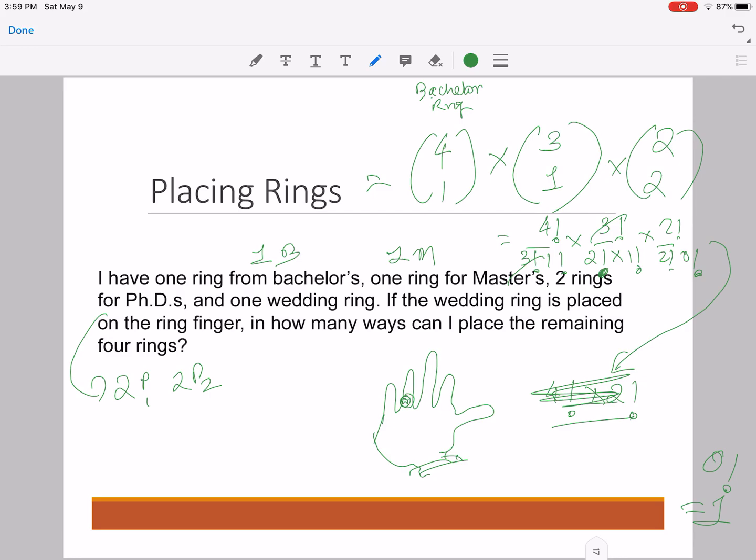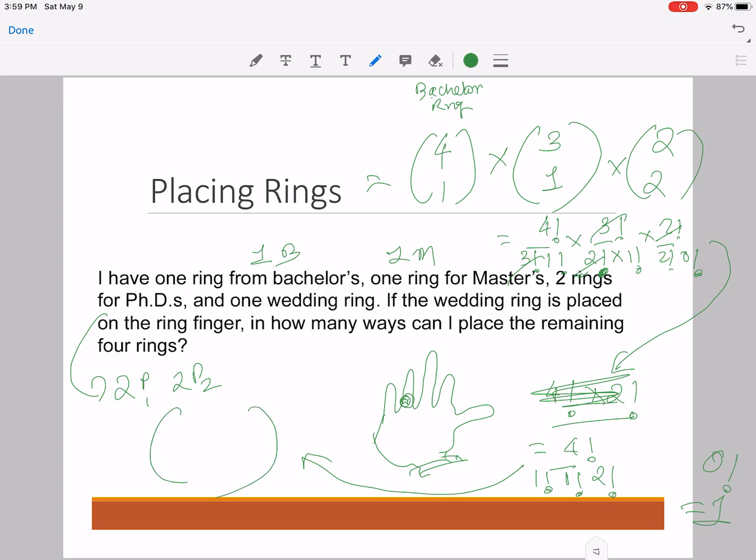I somehow read this as 21, but this is 2 factorial. 2 factorial and 2 factorial cancel out, and it gives me 4 factorial over 1 factorial times 1 factorial times 2 factorial.